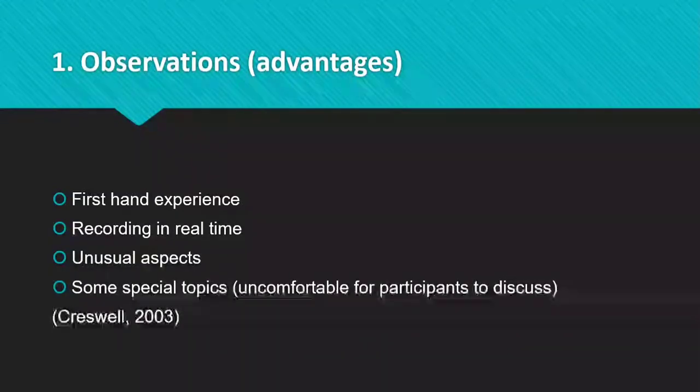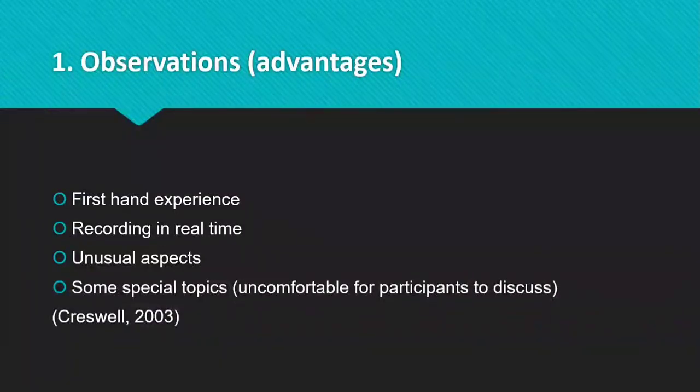Also, the recording: because the researcher attends or observes the things in real time, in a real place, the record is also in real time. It's very direct. And because the researcher experiences it, the researcher can view things or find some unusual aspects that researchers using other data collection ways cannot find.